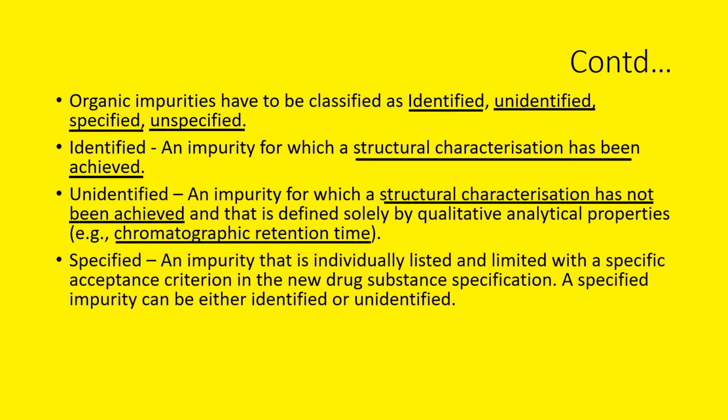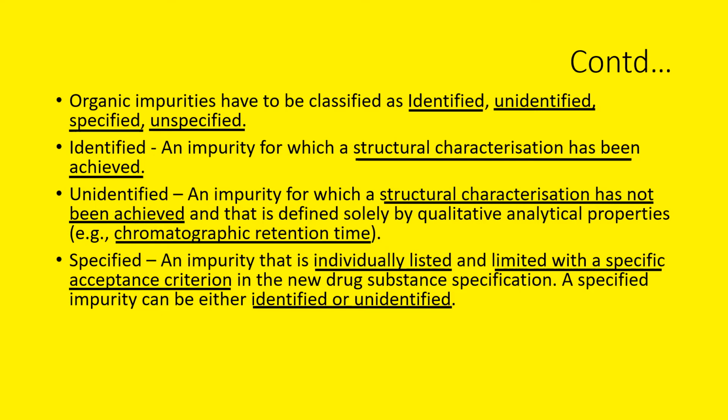A specified impurity is an impurity that is individually listed and limited with a specific acceptance criterion in the new drug substance specification. A specified impurity can be either identified or unidentified. A specified impurity is the one that is individually listed and is controlled with a specific limit.